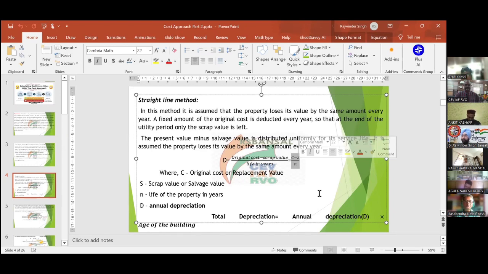And if the age of the building is 20 years, then what will be the total depreciation? Depreciation per year is 1.5%, and depreciation in 20 years will be 20 into 1.5, which is 30%. So in this way, you can calculate the depreciation based upon the straight line method.